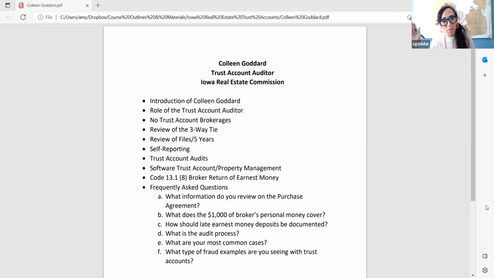And she said, Colleen, she walked out as soon as you contacted her and said it was time for an audit. I haven't seen her since. She ended up embezzling, I don't know, hundreds of thousands of dollars over a period of, I'm going to say, 10 years. She slowly started pulling money out. And this was a person the broker really trusted and considered a friend.